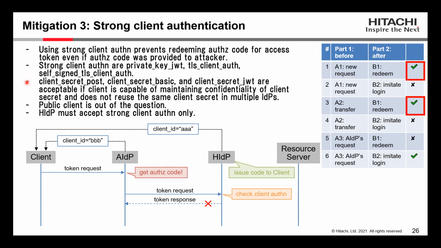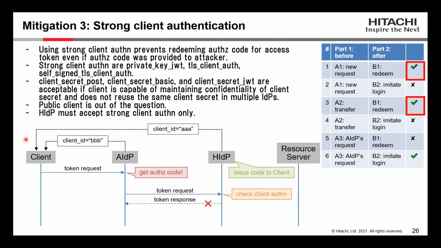The client authentication methods using a client secret, such as client secret post, client secret basic, and client secret JWT, are acceptable if the client is capable of maintaining the confidentiality of the client secret and doesn't use the same client secret in multiple IDPs. The public client doesn't use any client authentication, so it is out of the question. HIDP must accept strong client authentication methods only.